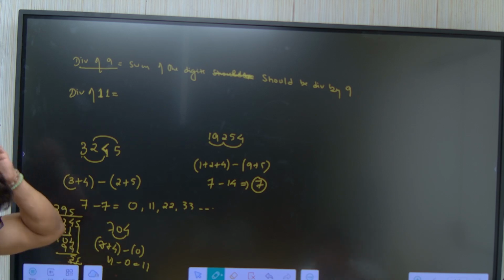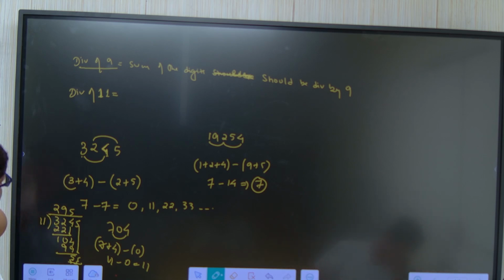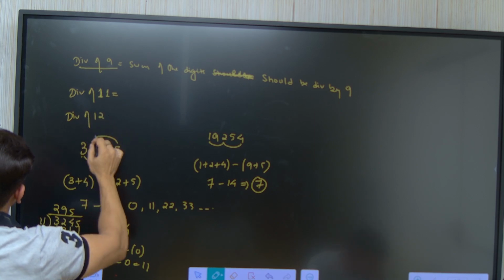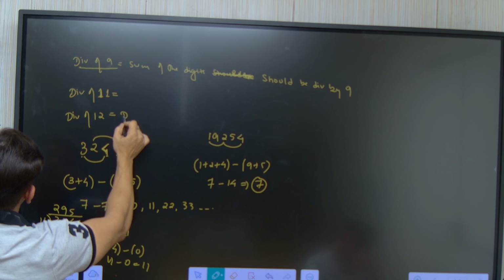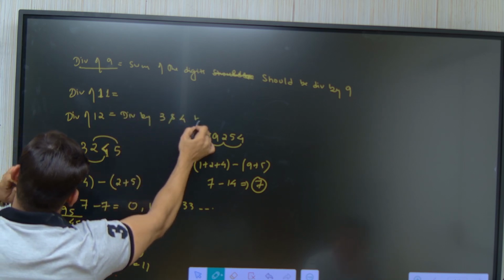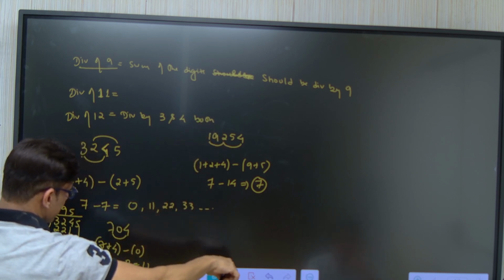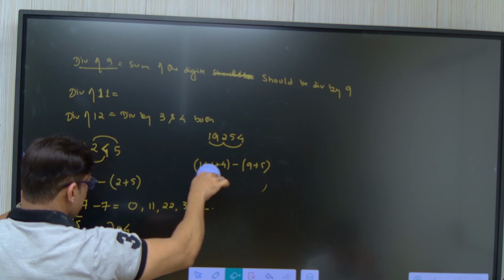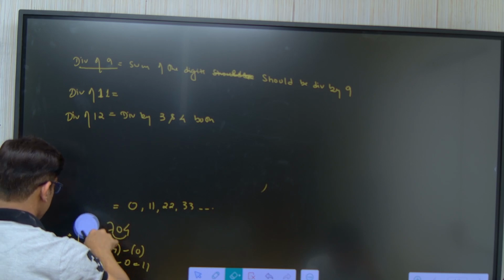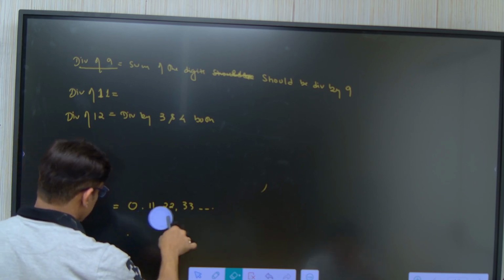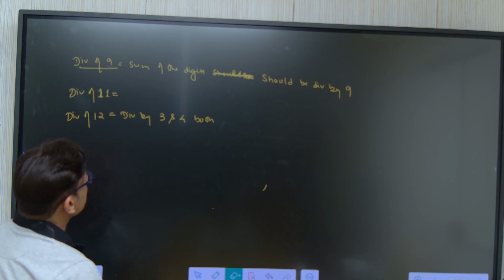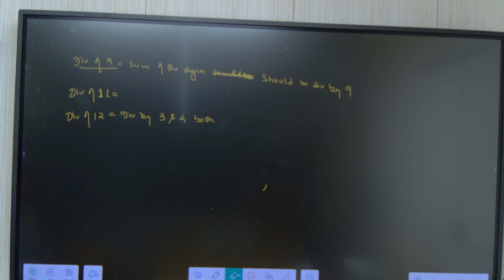Divisibility of 12. Should be divisible by 3 and 4 both.